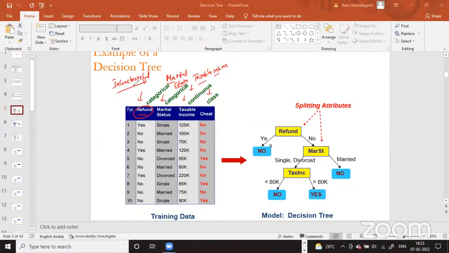Using these 3 features, we should be in a position to classify our observation. We should be in a position to identify whether our observation is a fraudulent person or not a fraudulent person.